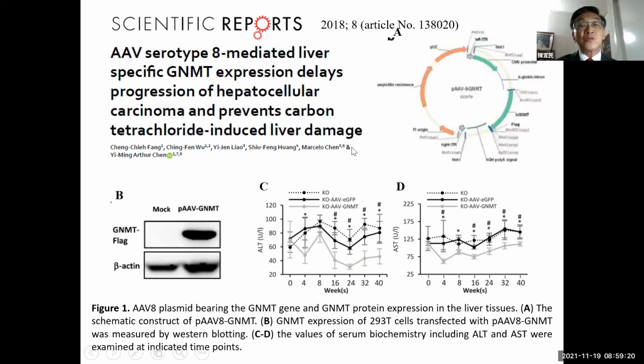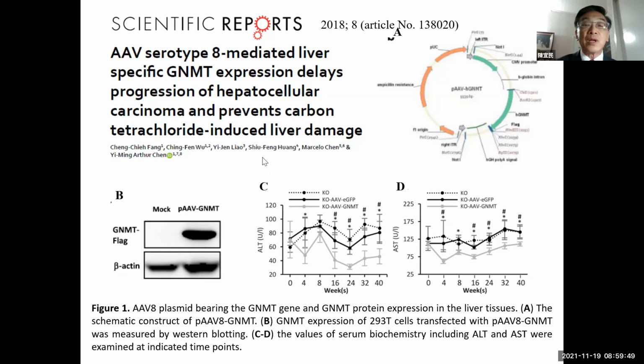Since we showed that GMT downregulation is directly associated with liver cancer tumorigenesis, we thought maybe we can use adeno-associated virus as a vector to drive GMT expression in the knockout mice and see whether it has a rescue effect to prevent tumorigenesis. And this is the data.